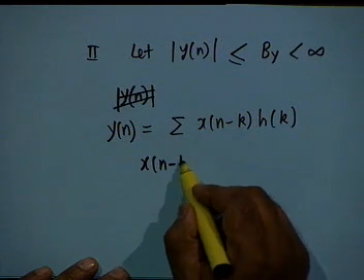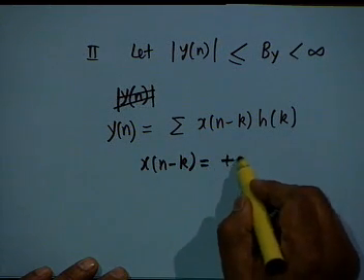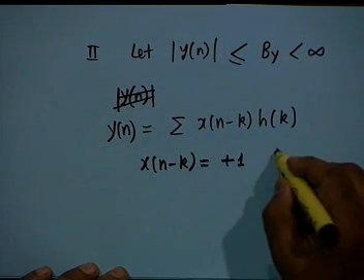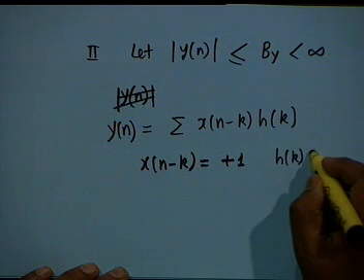Let us take x of n minus k as equal to plus 1 when h of k is positive, and equal to minus 1 if h of k is negative.